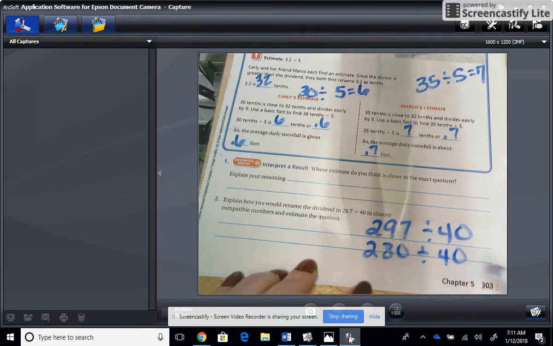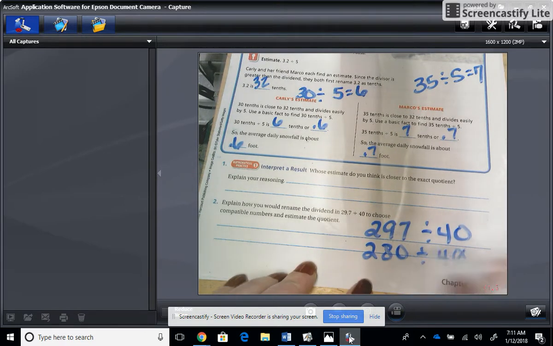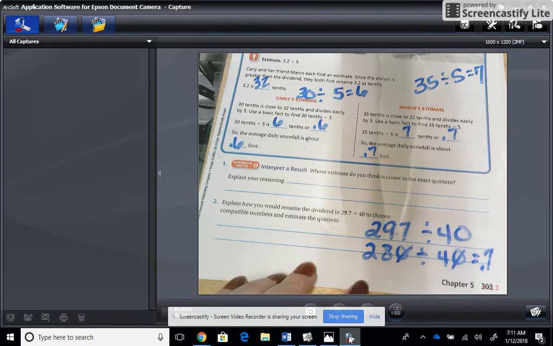So when I divide that, I just use what I already know. These two zeros cross each other out. So I have 28 divided by 4 is 7. And I know I'm talking tenths, so it's 7/10. Okay?